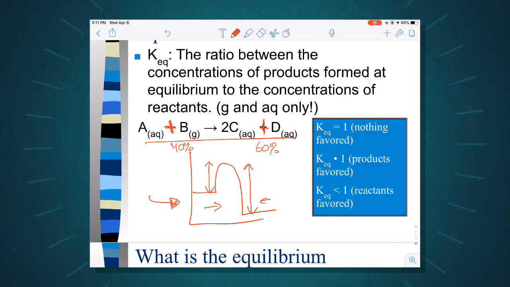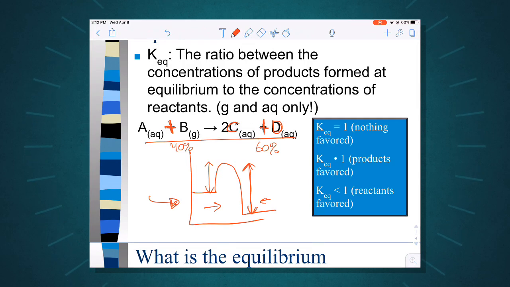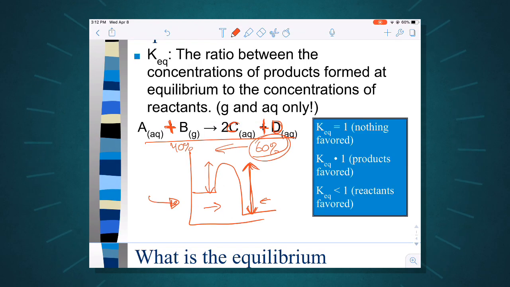Because in this situation, we're going to need a lot of these things to be present in order to get a good collision that actually has the right orientation and has this huge amount of energy. It's just not going to be as easy to go in this direction, so we would expect to have a lot more of those left over in the solution.